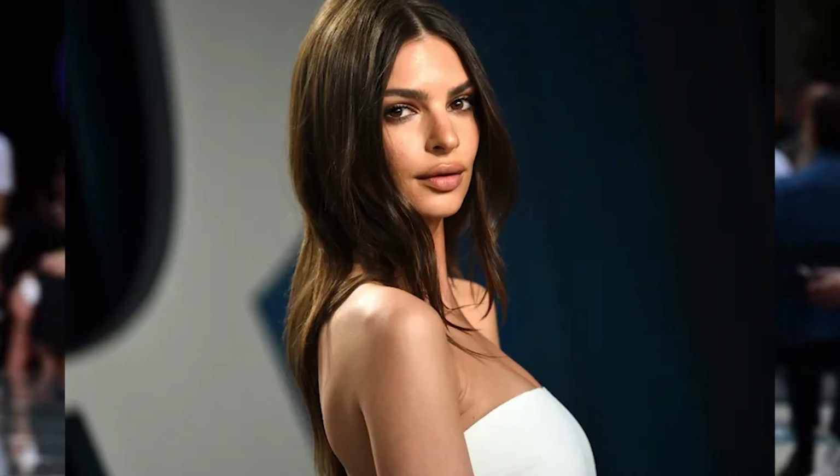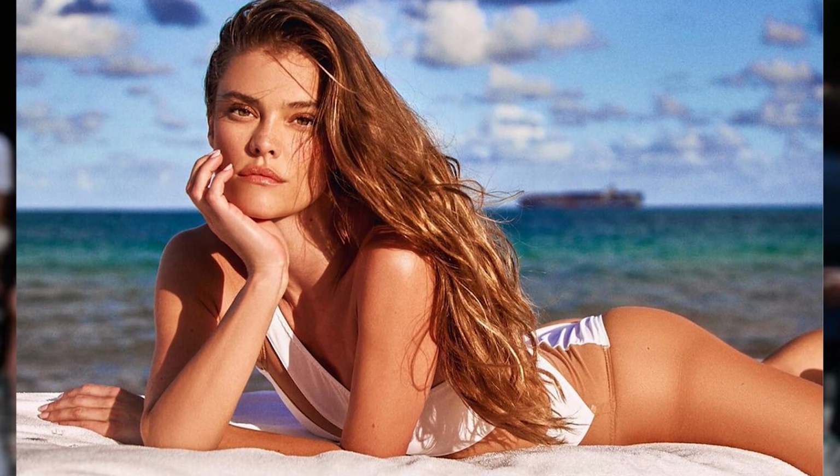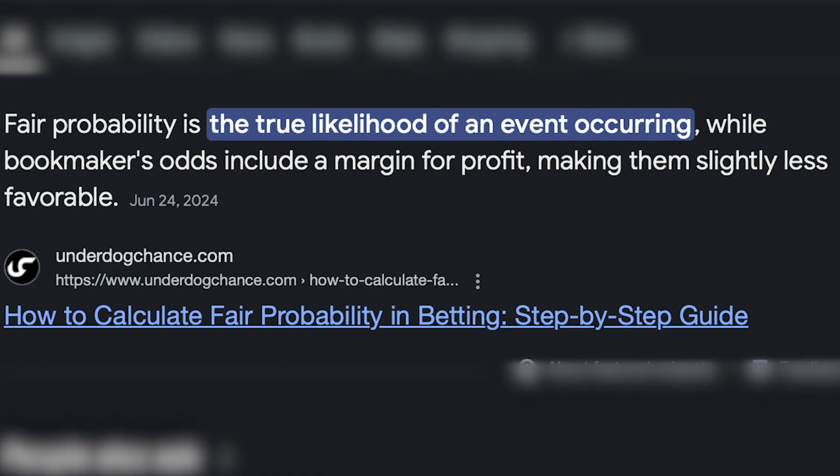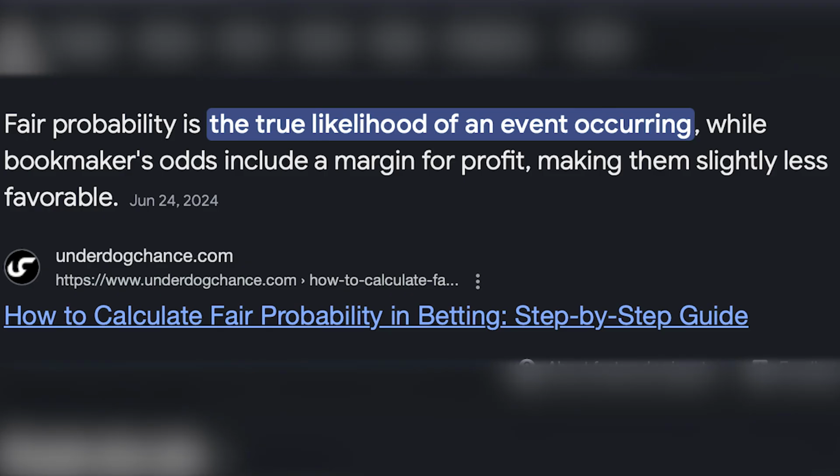Okay, first let's start off by trying to define what a model is in sports betting without getting academic in dictionary definitions. To make this video easier, so we're all on the same page, it's something that spits out what I call a fair probability. A fair probability is the same thing that the sportsbook's trying to do. You're trying to spit out the likelihood that a given event will happen.